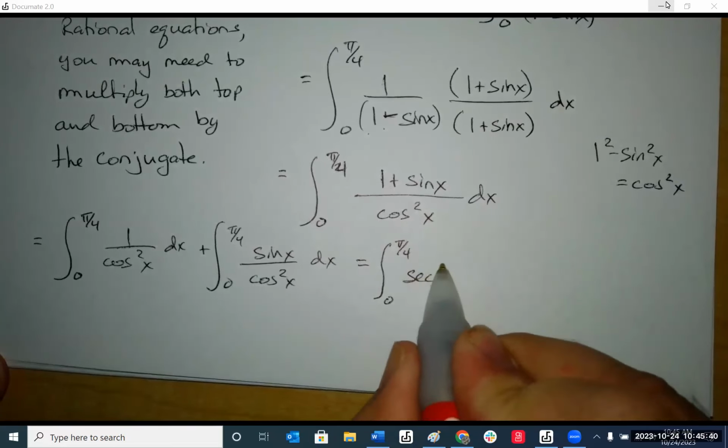So on this one, we have sine x over cosine x times 1 over cosine x. That's what this one equals. So sine over cosine is tangent x. 1 over cosine is secant.